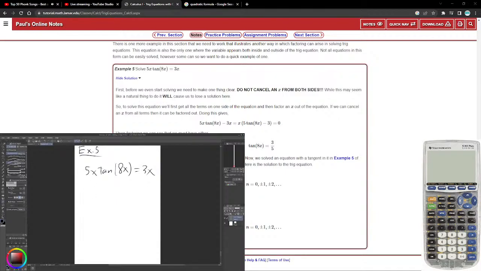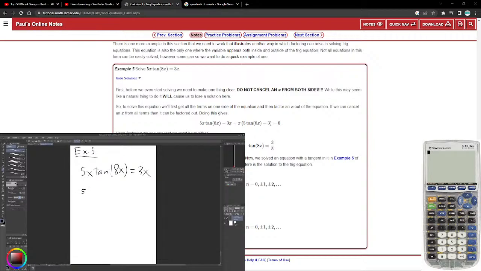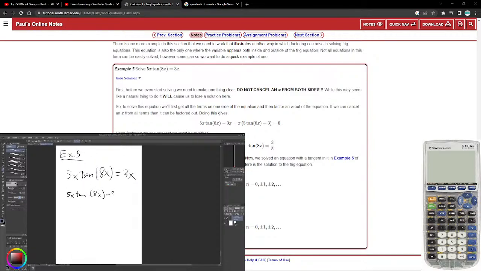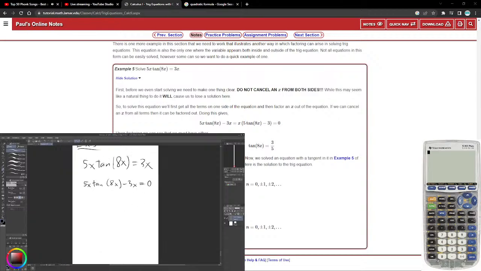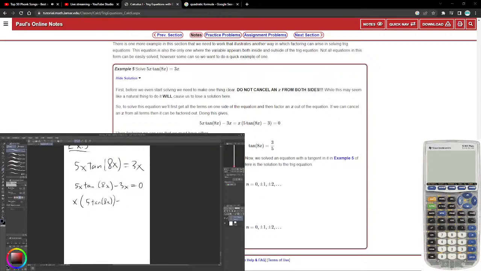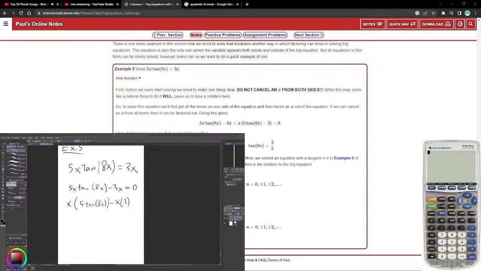5x tan 8x minus 3x equals 0. x times 5 tan 8x minus 3, like that.